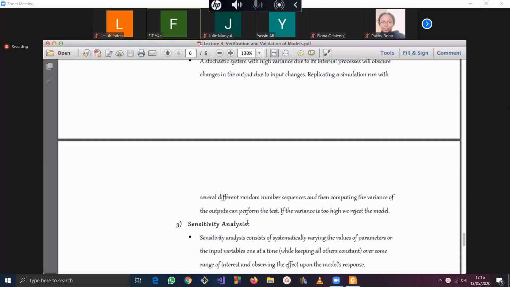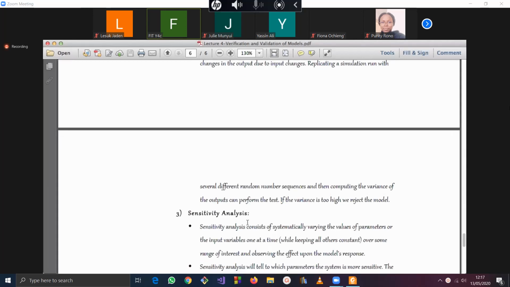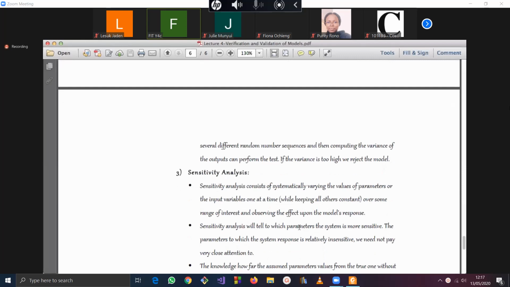You are putting little by little. And that's why we are saying your model should be sensitive to any slightest change in respect to whatever that you have put. Then we say it's very sensitive. That's sensitivity analysis. We tell to which parameter the system is more sensitive, and that is really essential.